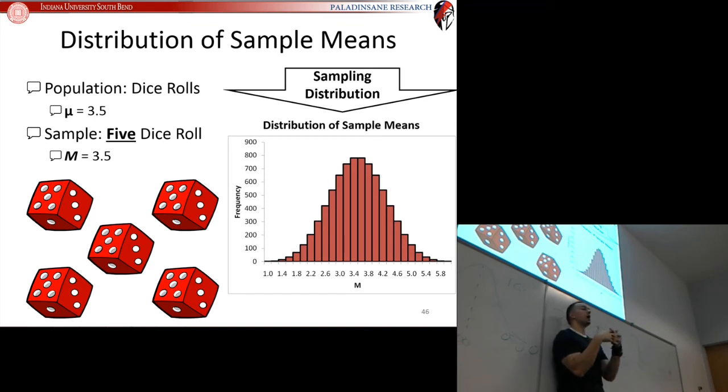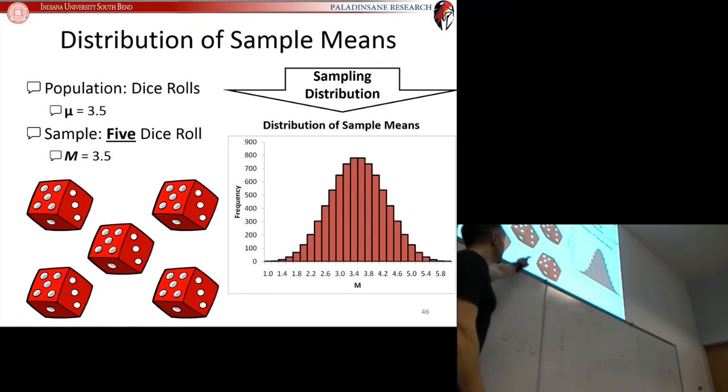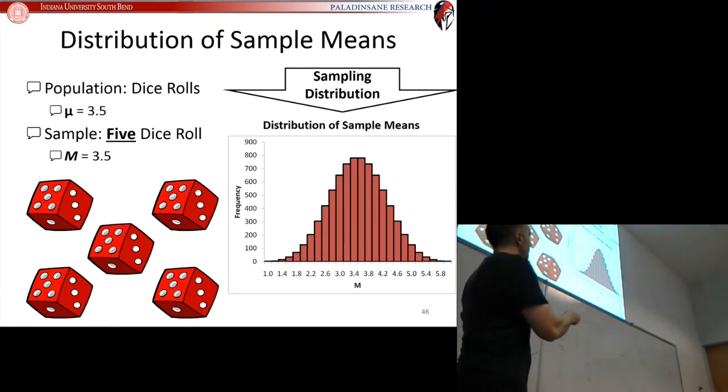There's a reason why we take a sample of 20 individuals, a sample of 150 students, a sample of 30 people who are suffering from depression. We take samples because as soon as we take samples, we know that the mean of those samples is going to fall on a normal distribution.